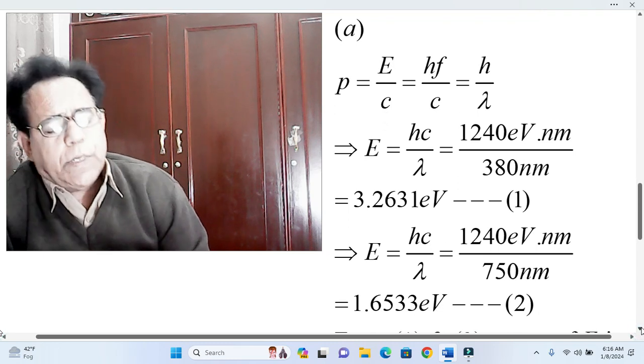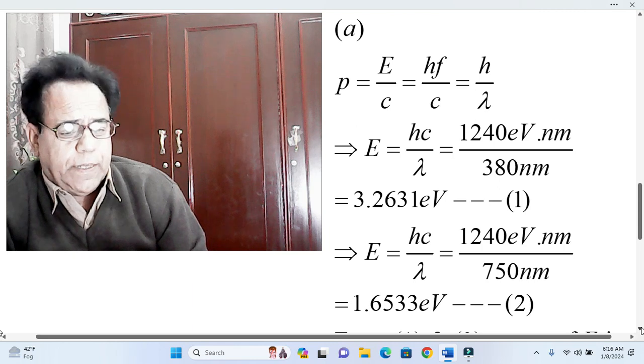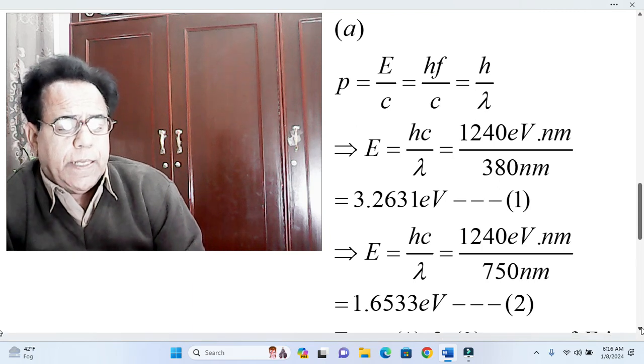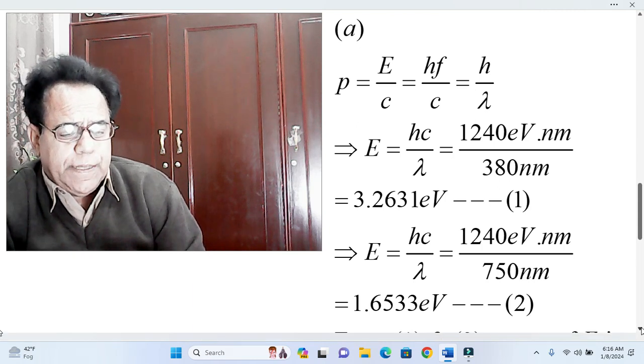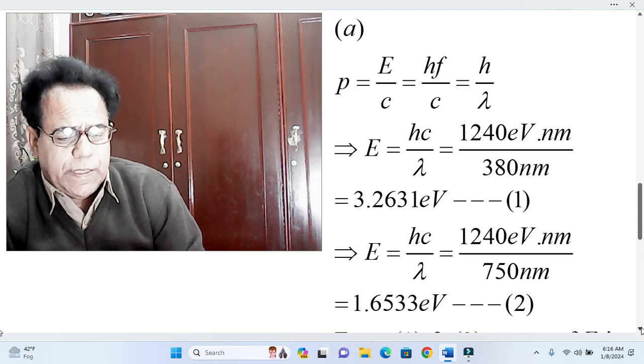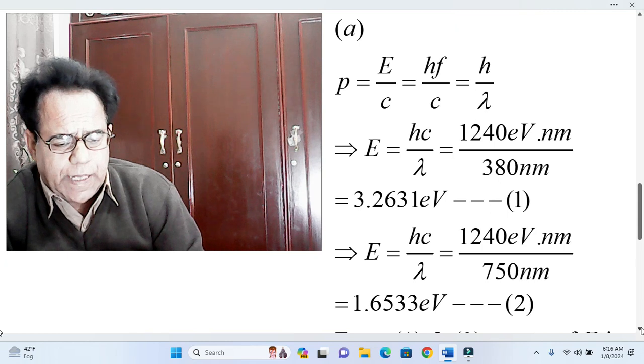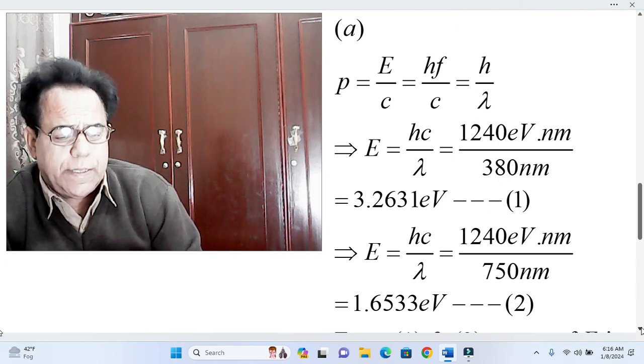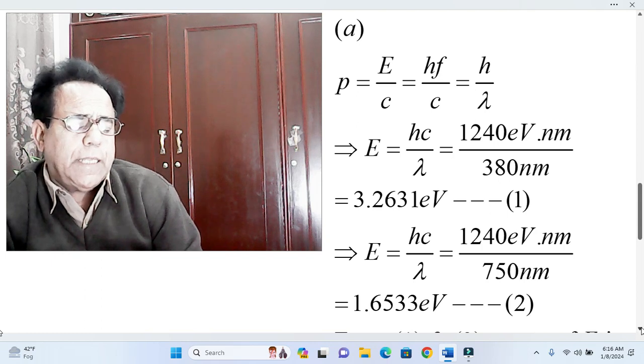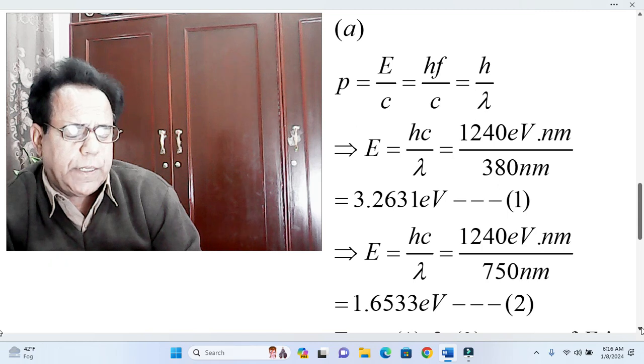Now we come towards the solution of part A. Momentum p is equal to E over c, alternatively hf over c, and alternatively h over lambda. This expression has been taken from our first snapshot, which was about momentum of a photon.